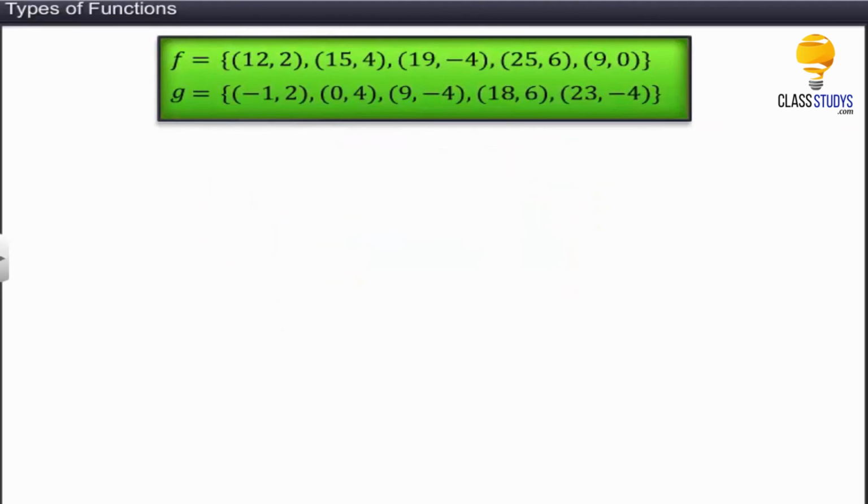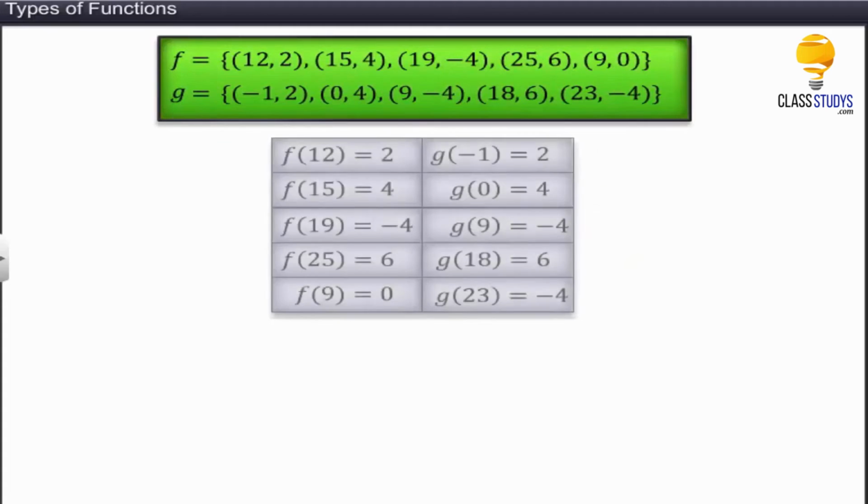Look at functions f and g. To check the functions for injectivity, we consider any 2 different values in the domain of the function and check that their corresponding outputs are different. In the first case, different elements have different images.